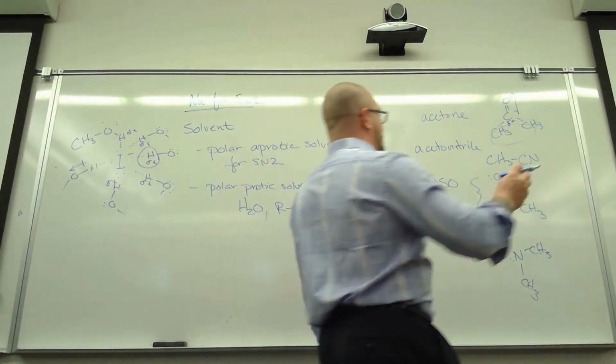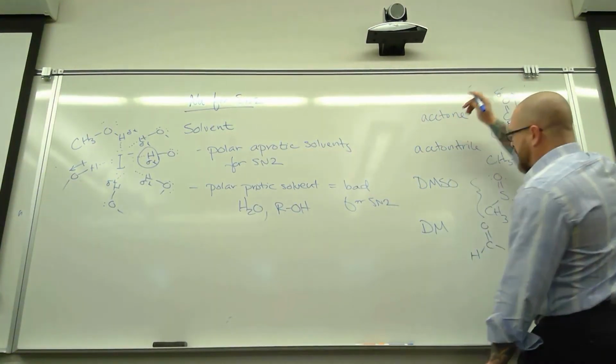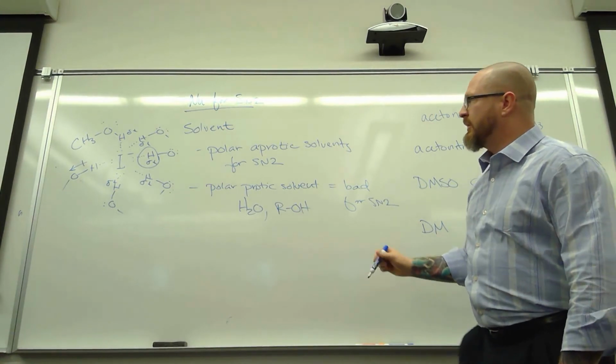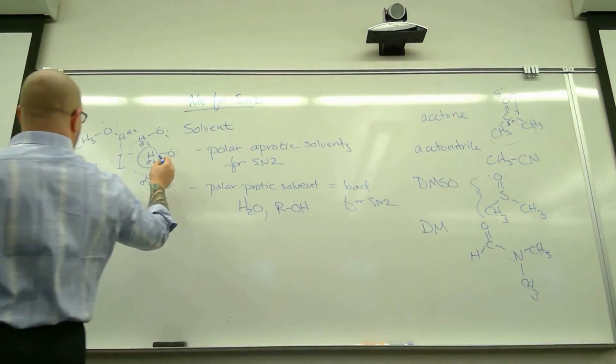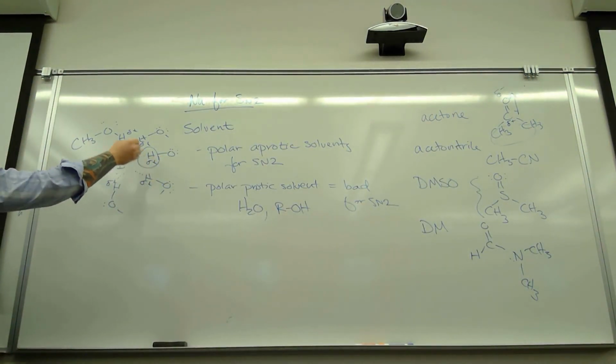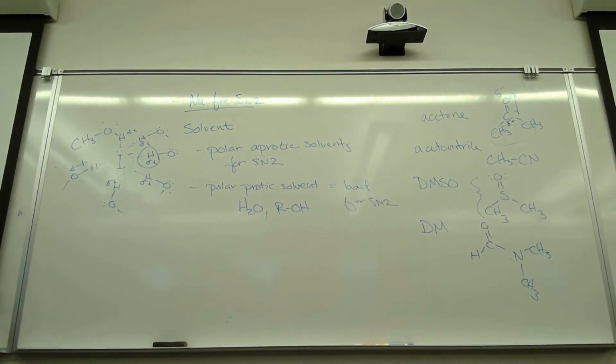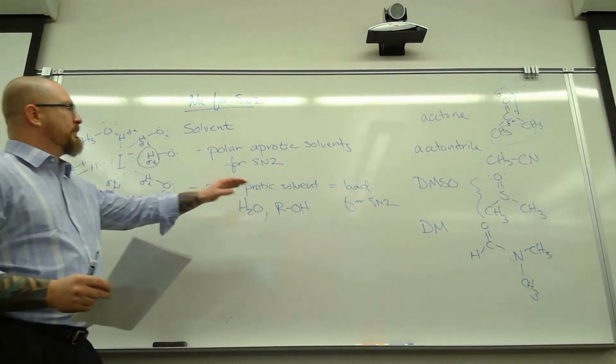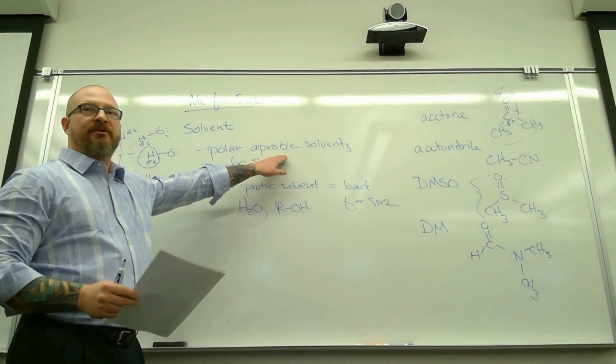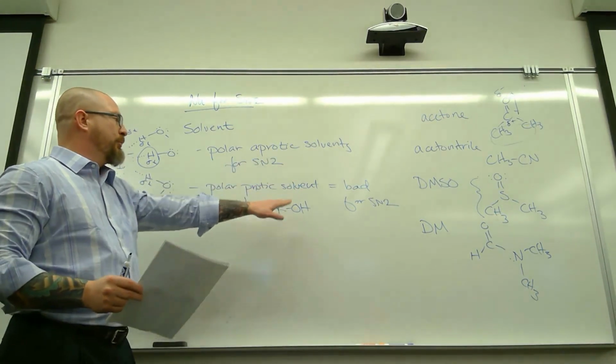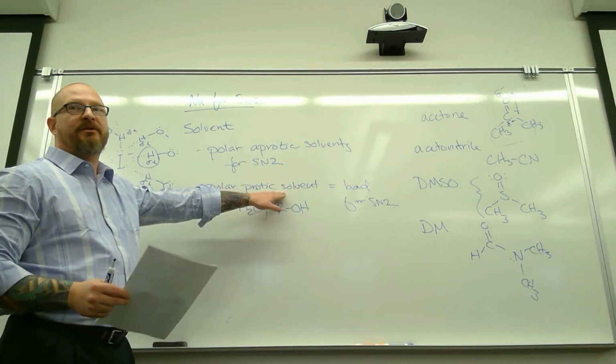And the accessible part is partial negative charge, and it does the opposite. It doesn't quench that negative charge. If anything else, it kind of potentiates it a little bit. So polar aprotic solvents, good for SN2. Polar protic solvents, bad for SN2.